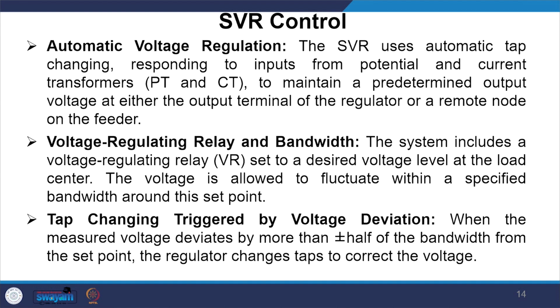When the measured voltage deviates by more than plus or minus half of the bandwidth from the set point, then the regulator changes taps to correct its voltage. A time delay is implemented in the tap changing operation to prevent unnecessary adjustment due to transient or short term variations in current that we have already discussed.